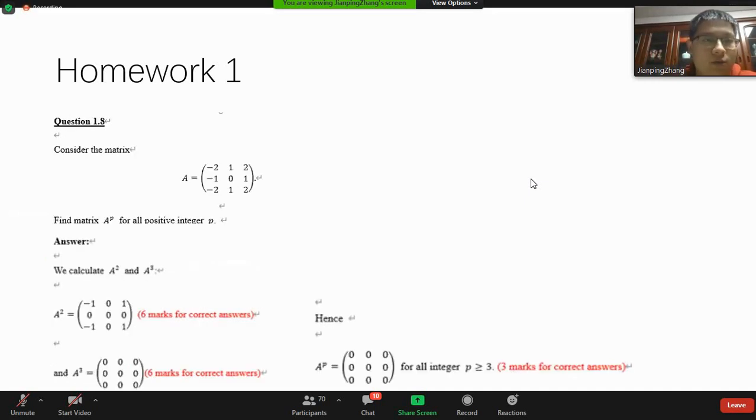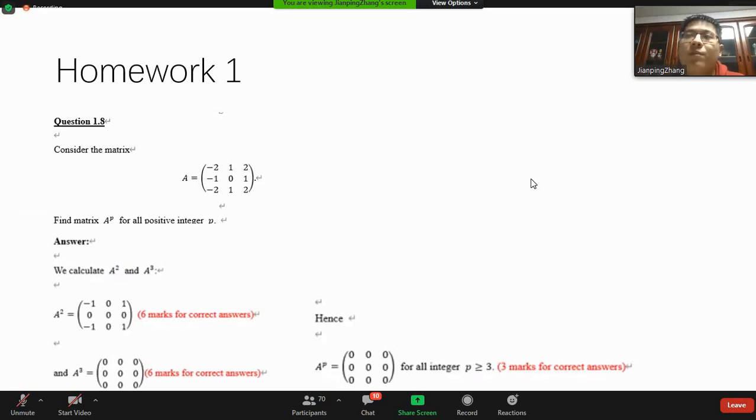Okay, so the next question is to consider the matrix A and find A to the power of p for all positive integers p. And in this question, because we don't have some strategy to solve this kind of A to the power of p matrix, we just write down the powers step by step.